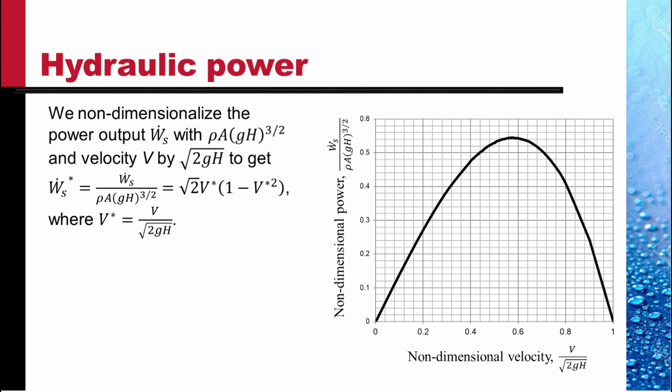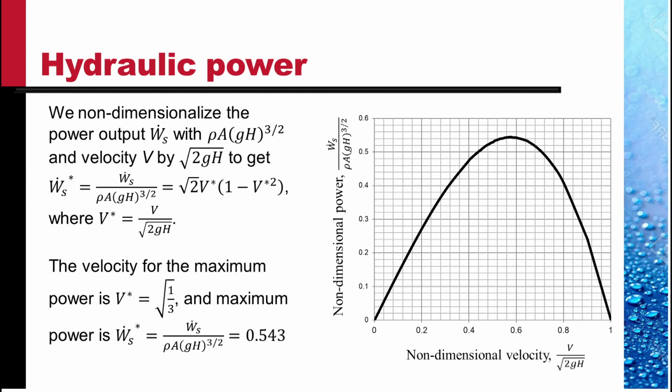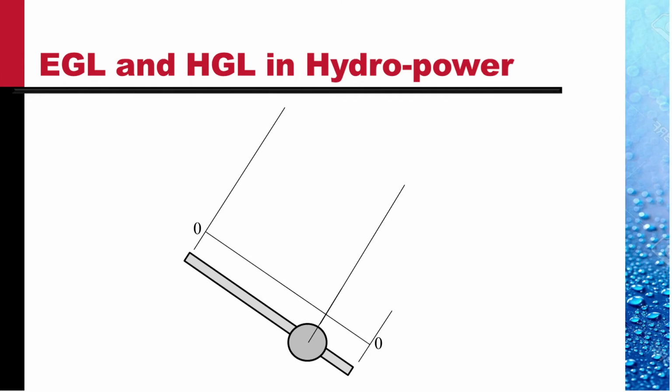And so we get a non-dimensional power Ws dot star equal to under root 2 V star into 1 minus V star square, where V star is V by under root twice gH. So the velocity for the maximum power we can determine is V star equal to under root 1 by 3, and the maximum non-dimensional power output is Ws star equal to 0.543.